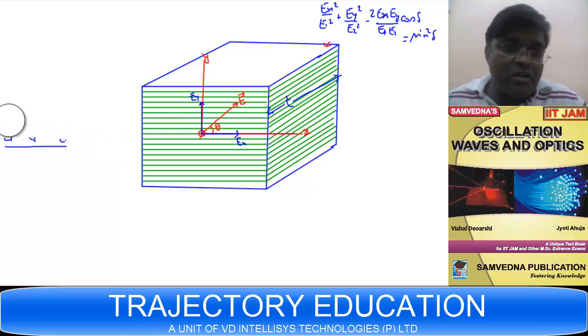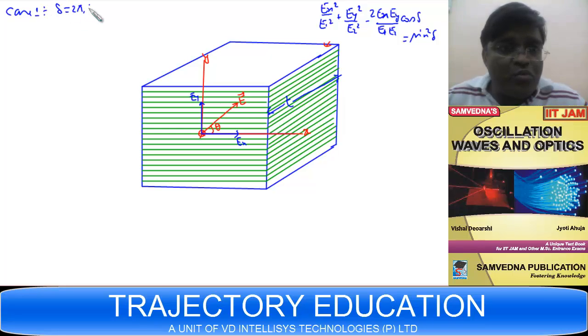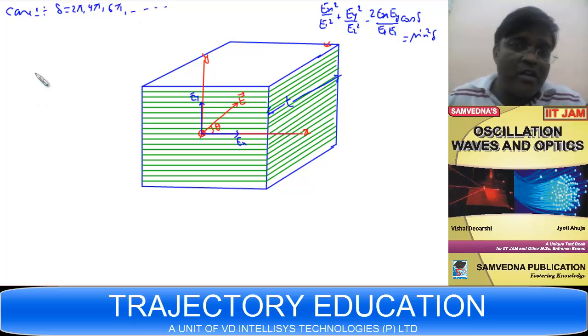Now suppose, case 1, where delta is 2 pi, 4 pi, 6 pi and so on.